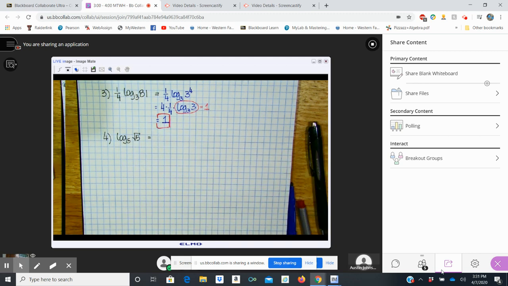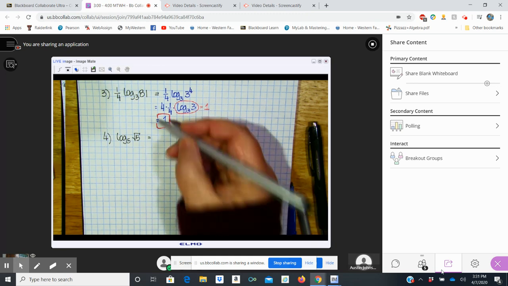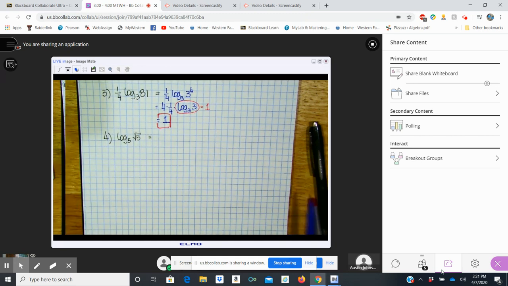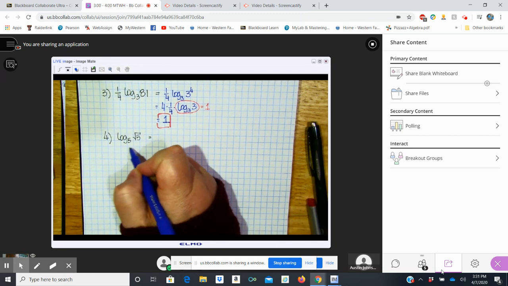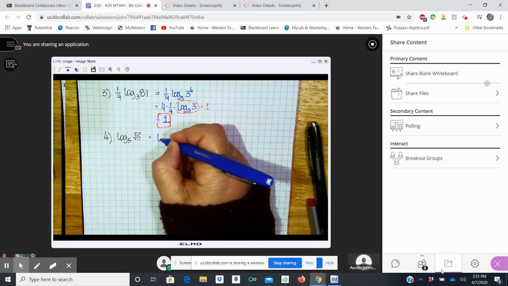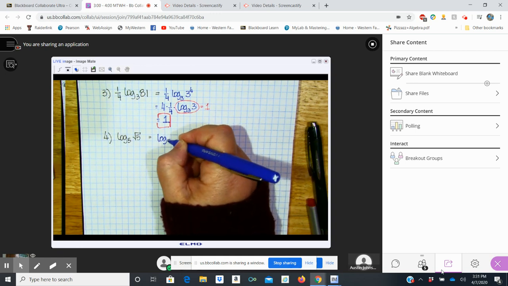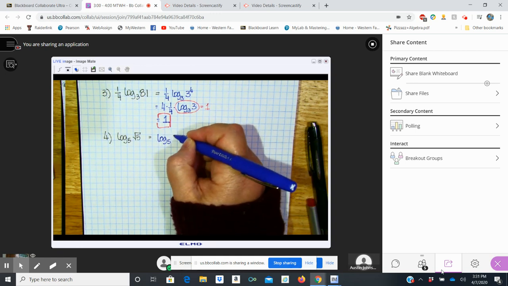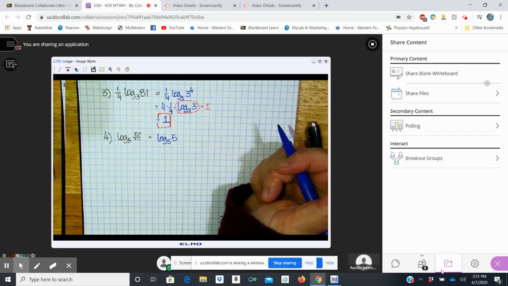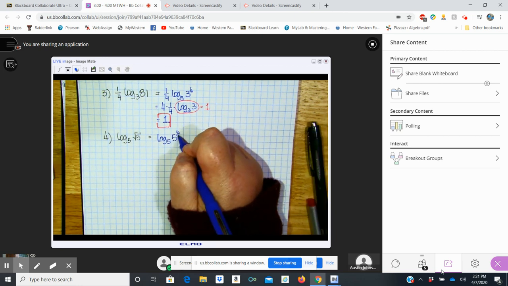Here I have log base 5 of the square root of 5. Can you rewrite the square root of 5 as 5 to some power? Thanks for remembering, Austin.